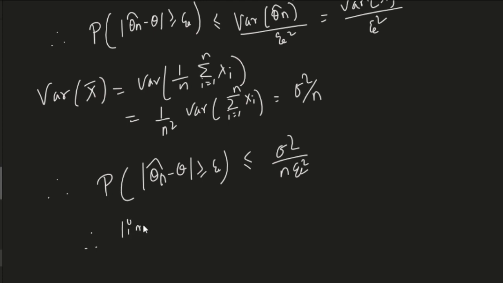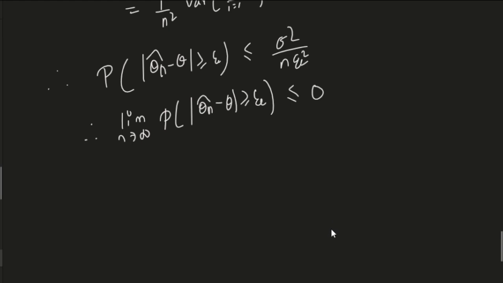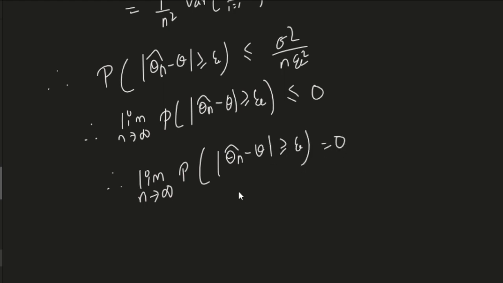Therefore, the limit as n tends to infinity of the probability that theta n cap minus theta is greater than or equal to epsilon is less than or equal to 0, and since probability is always greater than or equal to 0 as well, the limit is zero.